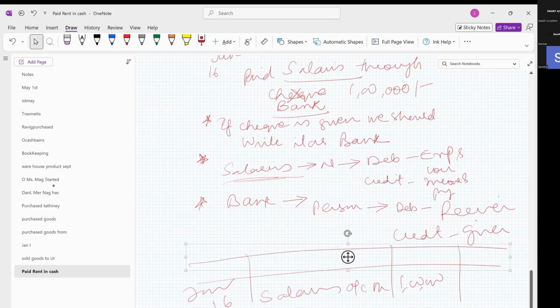Receiver. Now you take some cash, you go and deposit it in the bank. When you are depositing in the bank, what does the bank do? The bank, on your behalf, is going to pay the salaries.